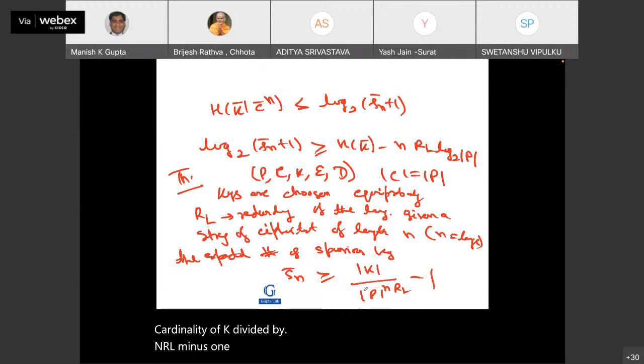Because HK is maximum, we take the maximum value and, simplifying the inequality, arrive at this.